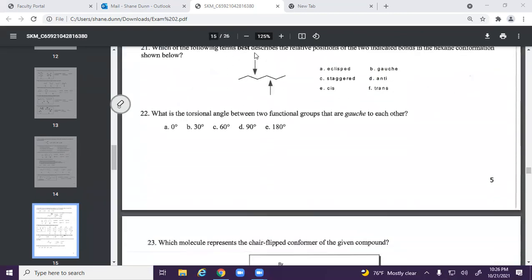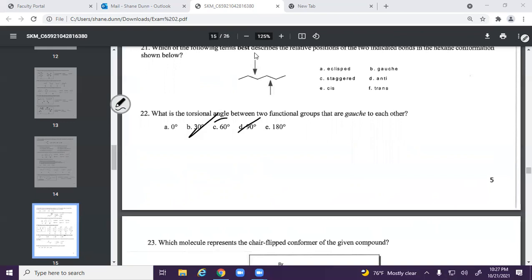Okay, gauche. The torsional angle between two functional groups that are gauche to each other. So 30 is wrong, and 90 is wrong.